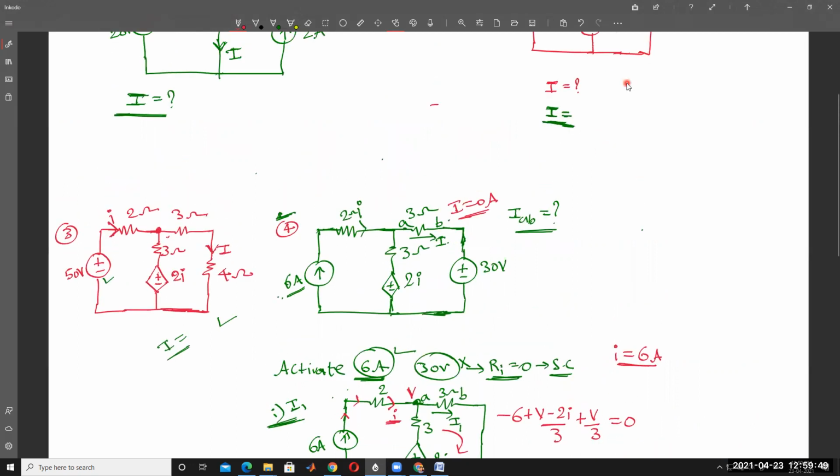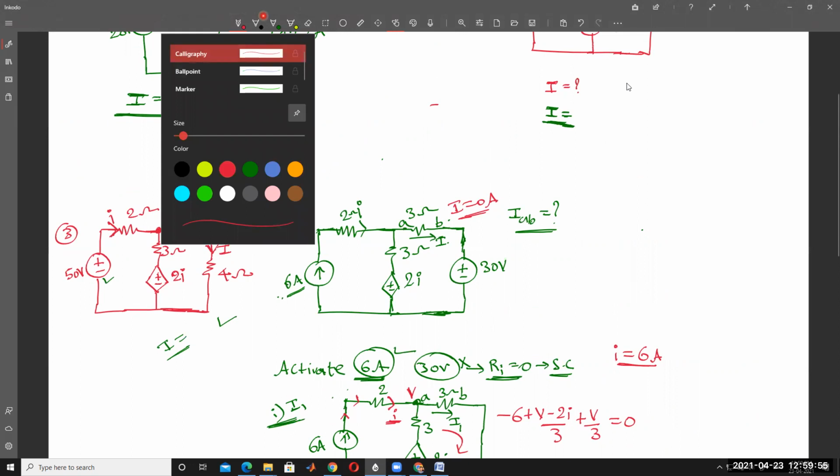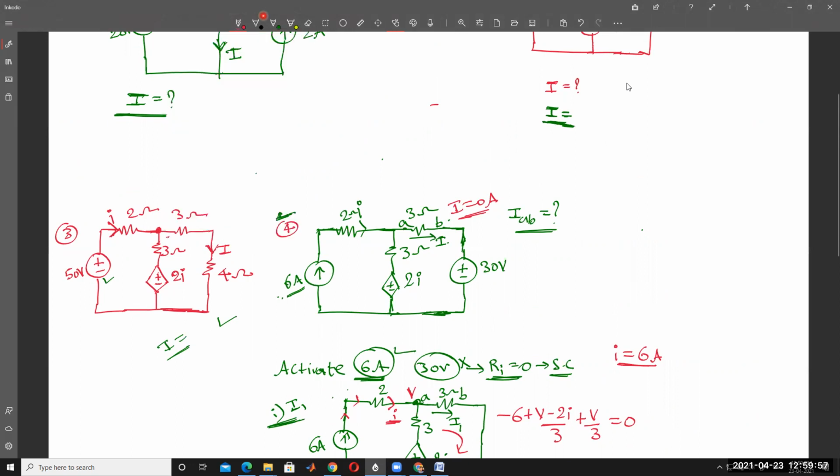So one more question for you, an assignment question. Same circuit, 2 amps, 2 ohms here, 2 ohms here.